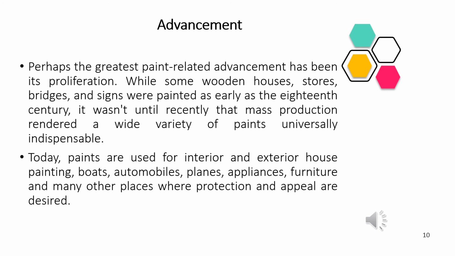So, nowadays the paints are used as a protective coating for interior and exterior houses, boats, automobiles, appliances, plants, furniture, and many other places. The paints are used to protect the materials and to enhance their appeal.